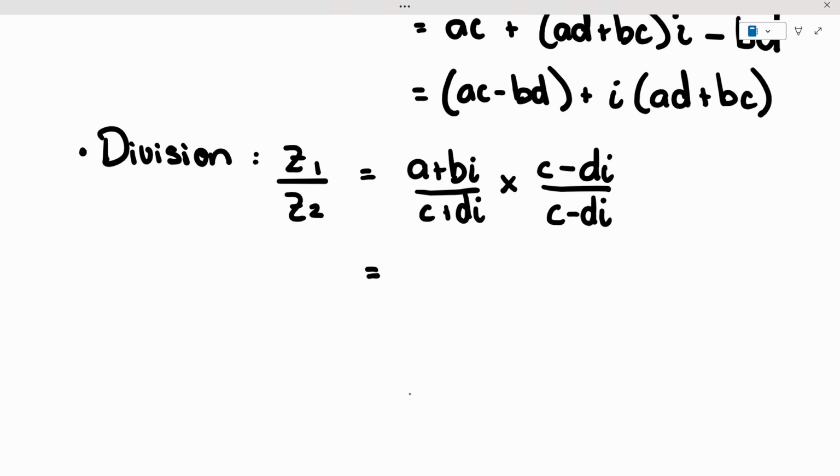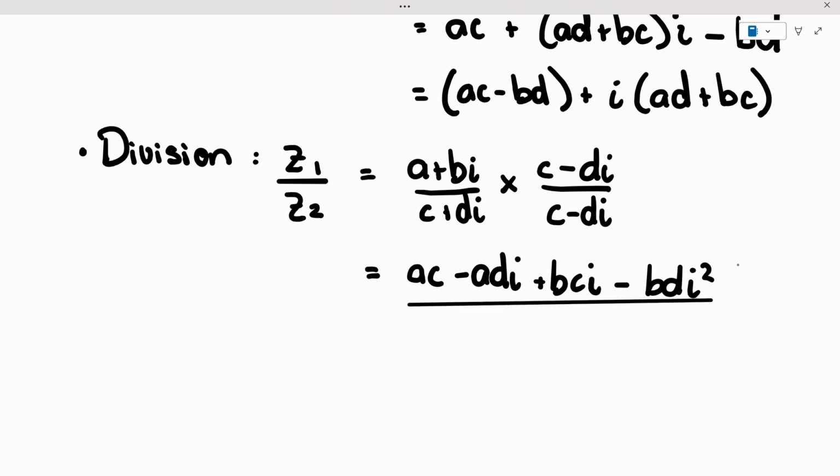So now we have a plus bi times c minus di. So that's ac minus adi plus bci minus bdi squared, all over... On this side now we have, and by the way, this is actually a difference of two squares.